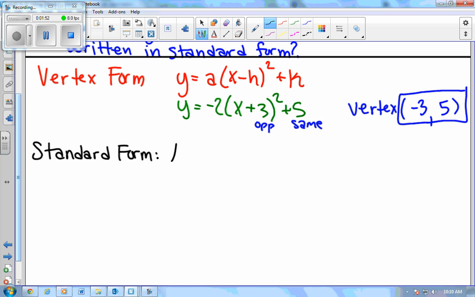Anyway, capital A X squared plus capital B X plus C equals Y. That's going off memory. A X squared plus B X plus C equals Y. A, B, and C are numbers.